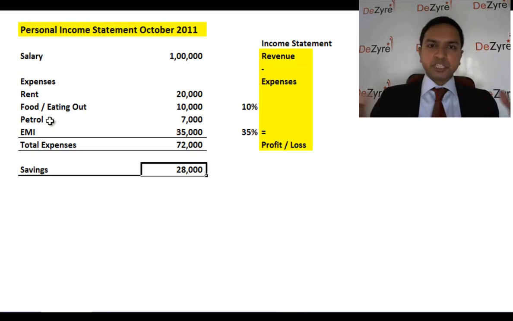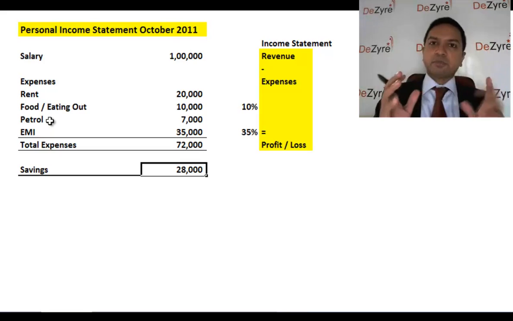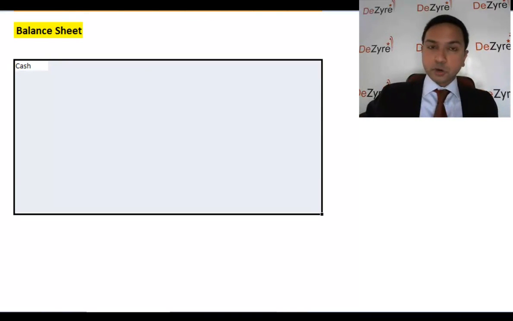Only when you see an income statement along with those other assets or liabilities that you own or owe, only then can somebody, or you yourself, get the complete financial picture of yourself, right? So this other statement where we're going to put your cash balance and your house and the loan you owe, that is essentially a balance sheet.